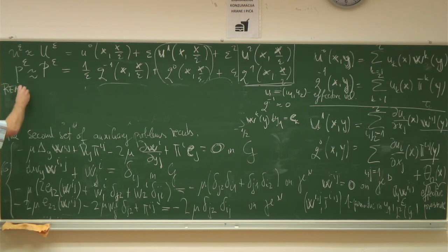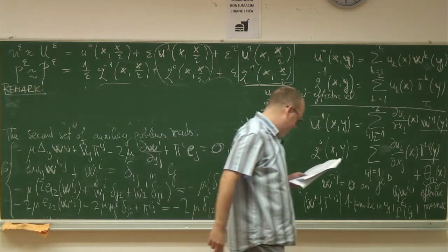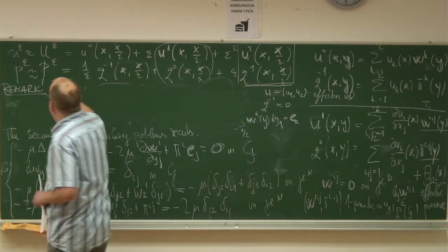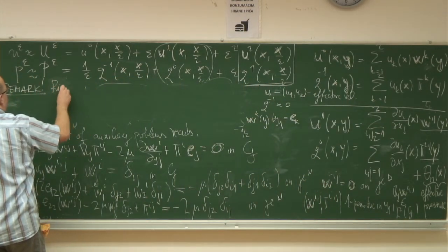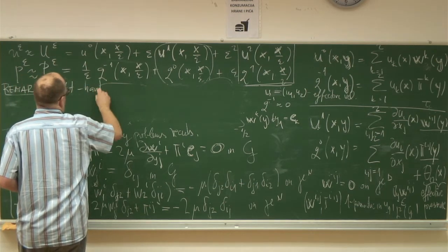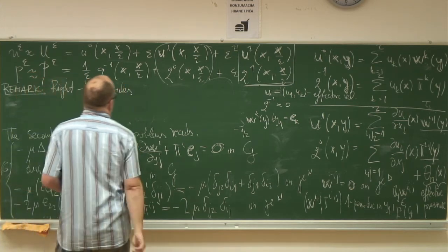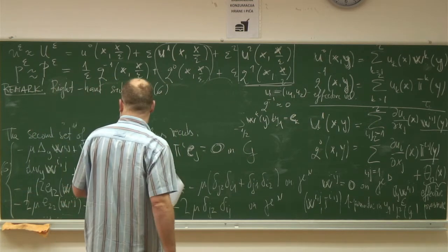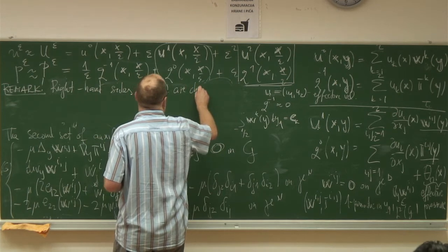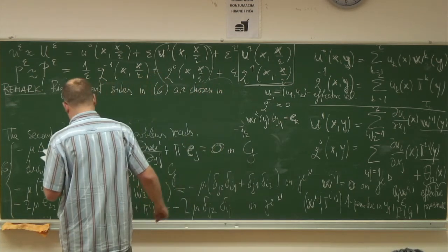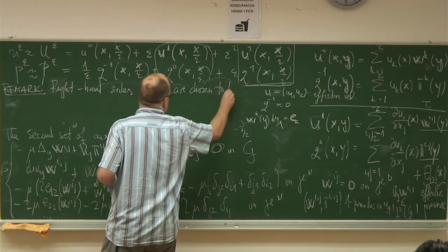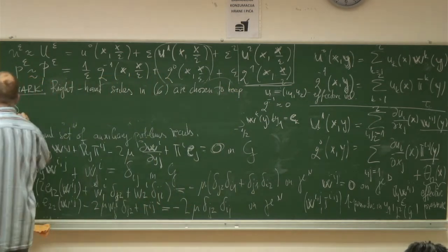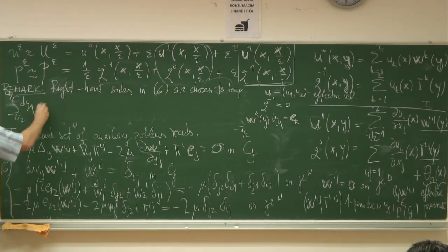Very important, as I mentioned several times, the right-hand sides in 6 are chosen to keep, let us say, integrals with respect to first variable equal to 0.